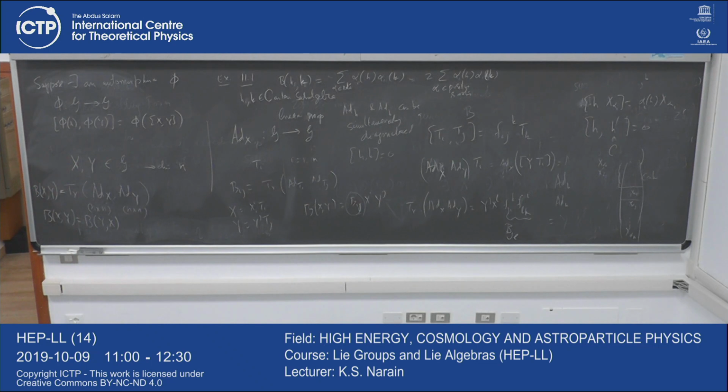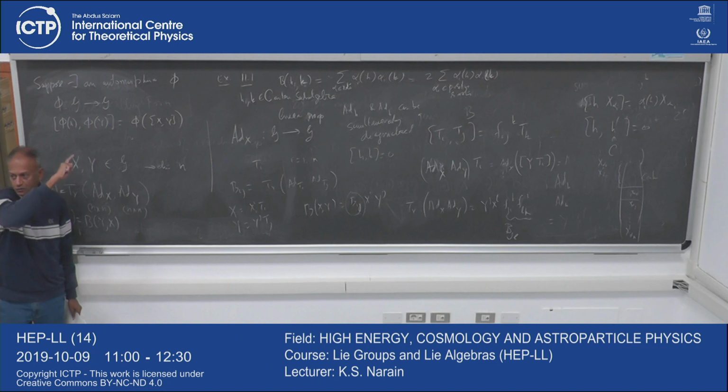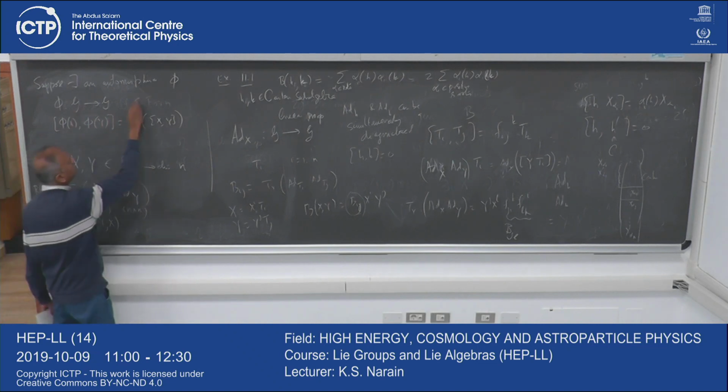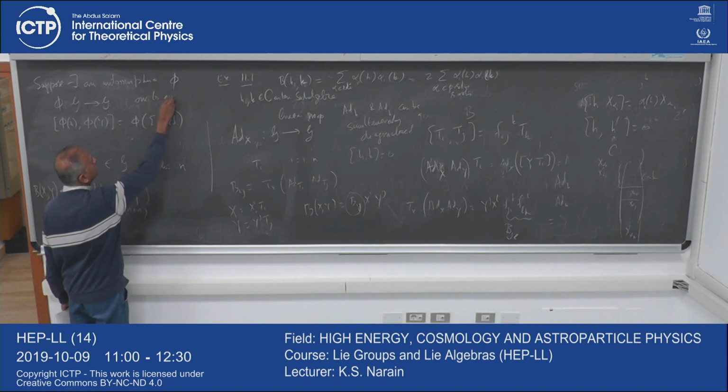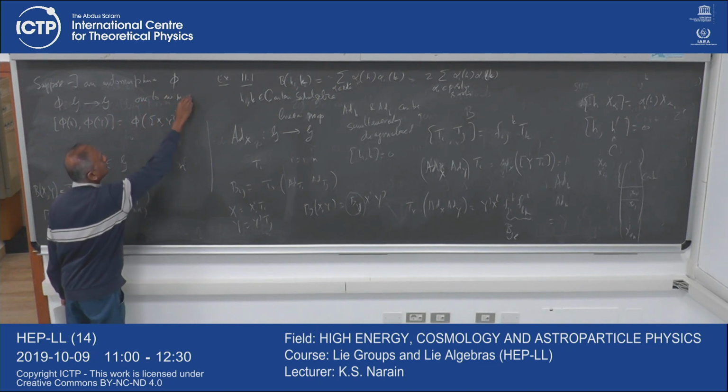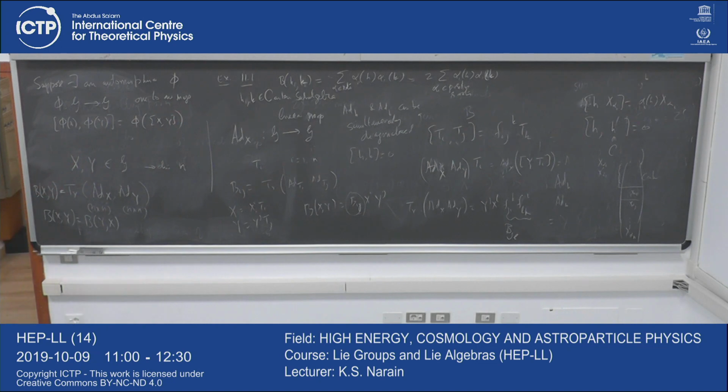So it preserves the algebra. It's an automorphism, so it's a one-to-one map from G to G, and the inverse exists. Does it have to be a linear map? Yes, to have the vector space structure.